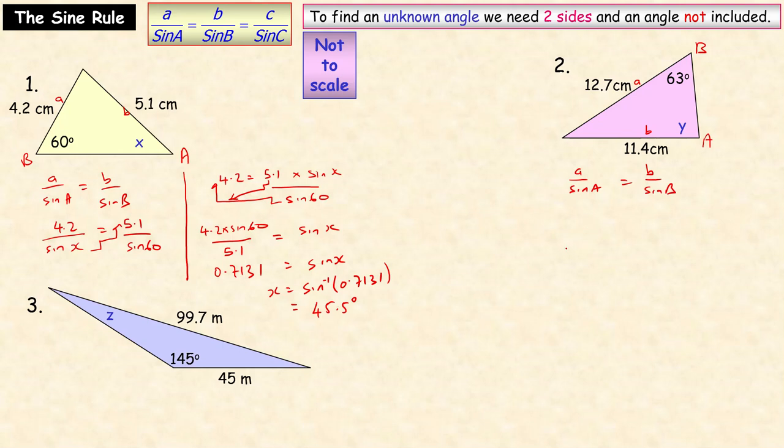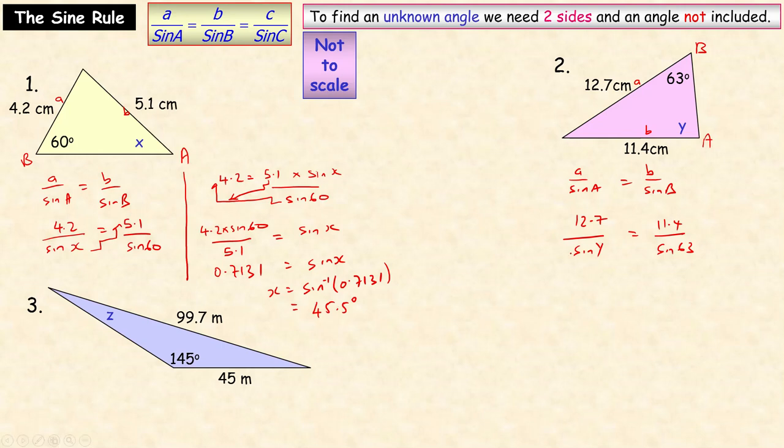Okay, a is 12.7 divided by sine of y is equal to b, 11.4, divided by sine of 63. So the sine y comes up on this side. At the same time, the sine 63 goes up there and 11.4 goes down the bottom.